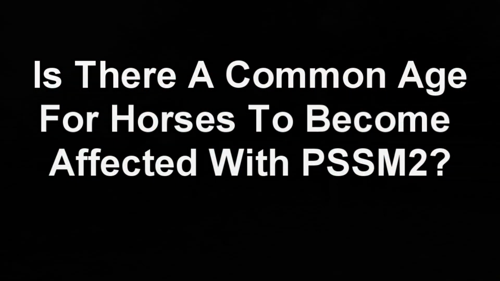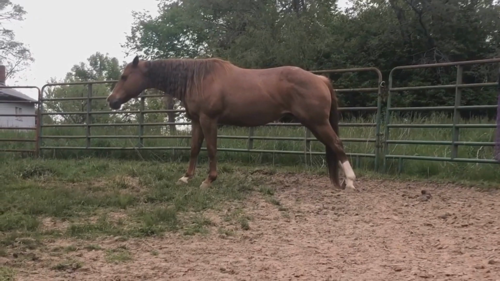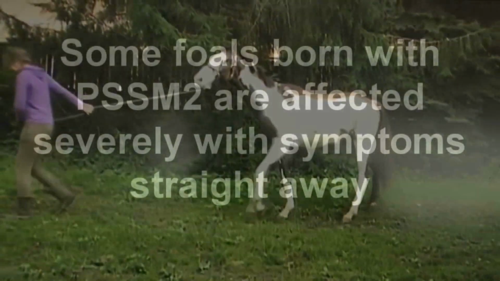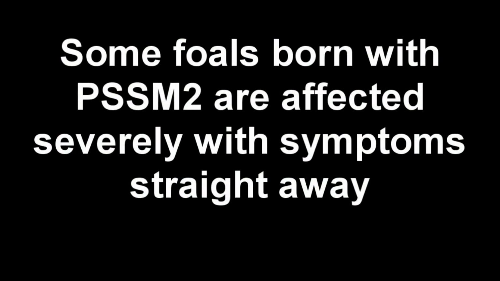Is there a common age for horses to become affected with PSSM2? PSSM2 can strike at any age. The easiest way to describe it is like a cancer. There is no telling when it would affect horses. Some foals born with PSSM2 are affected severely with symptoms straight away and have to be euthanised.